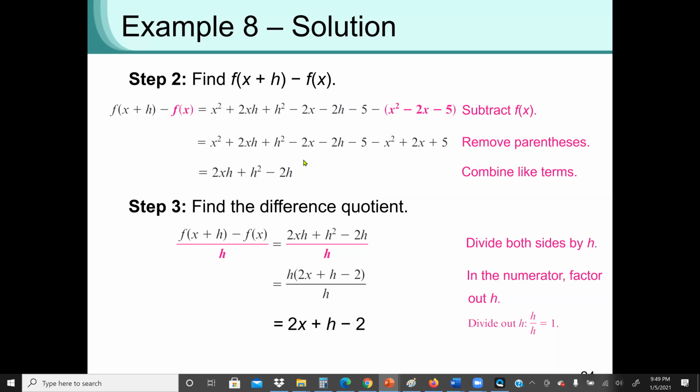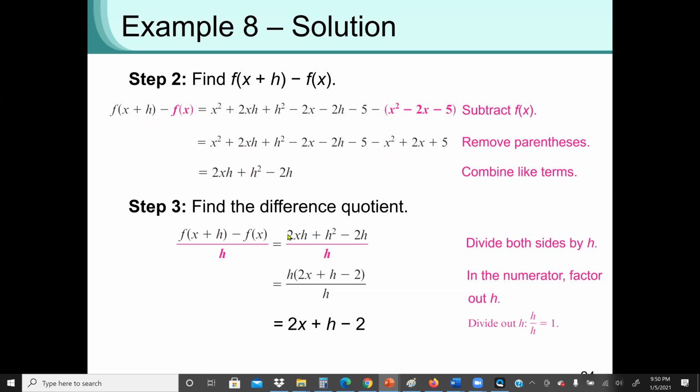When we combine the like terms, we get 2xh plus h squared minus 2h. We also see minus 5 cancels plus 5. Now from the formula, we divide the solution here by h.